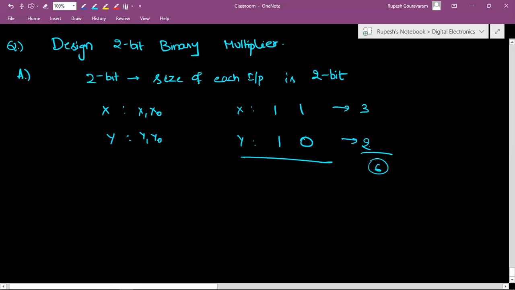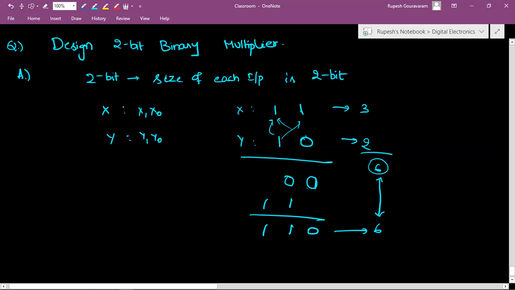So 0 into 1 is 0. 0 into 1 is again 0. Then 1 into 1 is 1. 1 into 1 is 1. So if we do that, we get 110. Yes, 110 corresponds to 6. Both are matching.